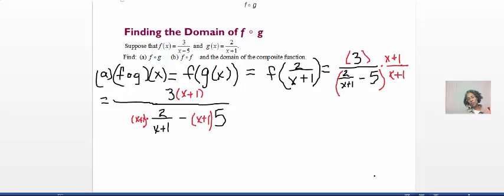And that's important because, as I know I can do with any fraction, I can multiply the numerator and denominator by the same non-zero number. So whatever x plus 1 is, as long as it's not 0, I can multiply the numerator and denominator by that, and I don't change the value of this fraction.